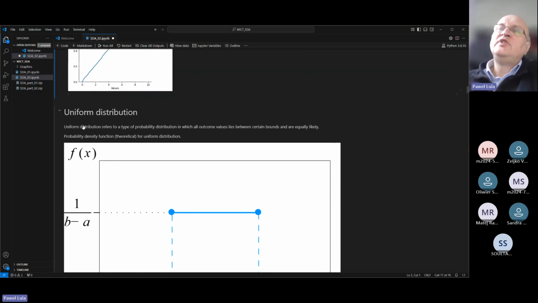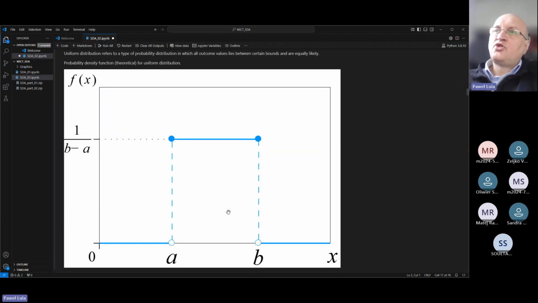When we want to define uniform distribution, we should define these two values which we use as limits: limits of the interval from which data points, data values will be generated.